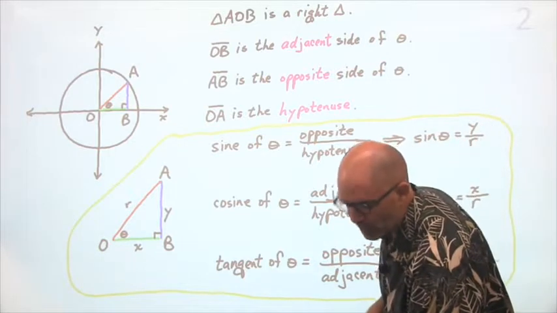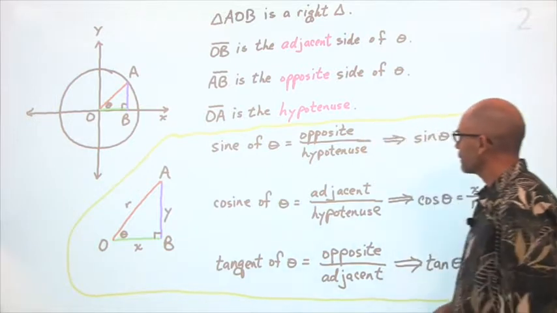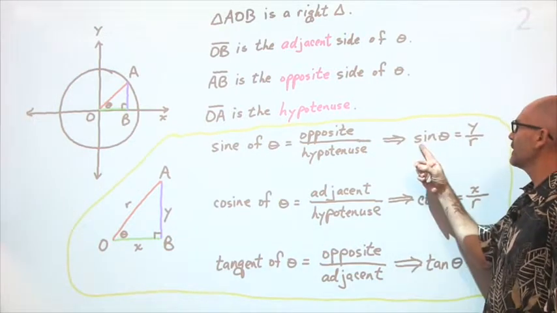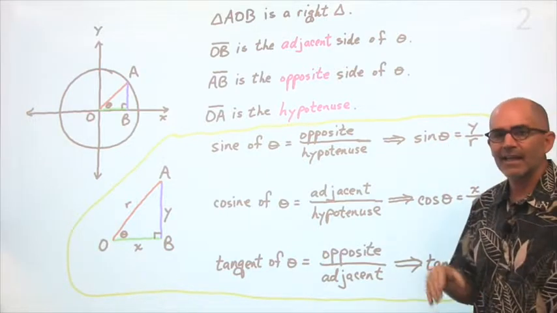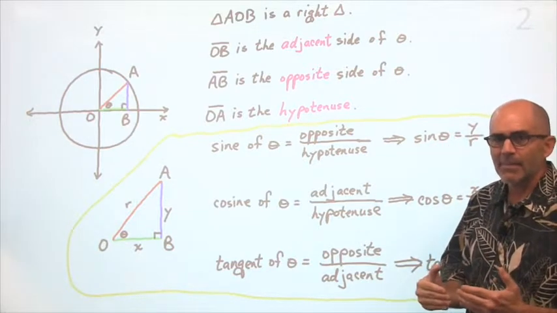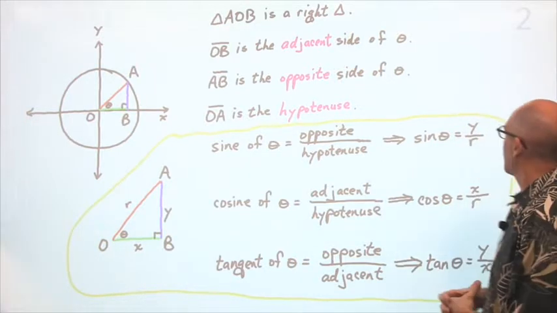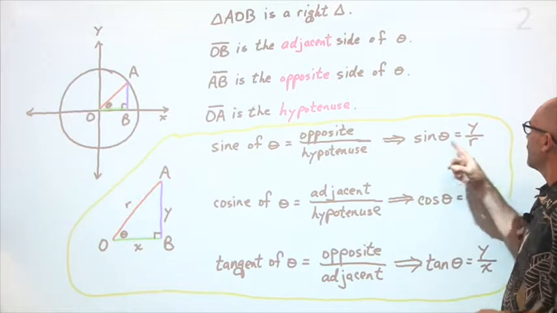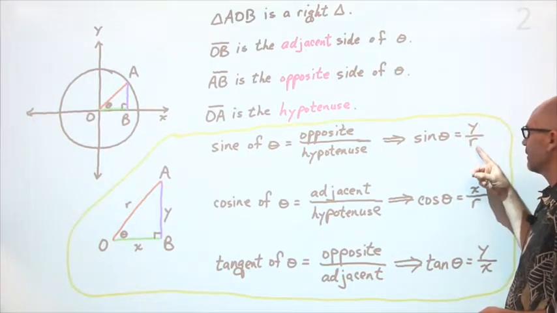That's much shorter, much easier. In other classes, SIN theta might be read as sin, but here it's sine. Sine theta is y over r, opposite over hypotenuse.